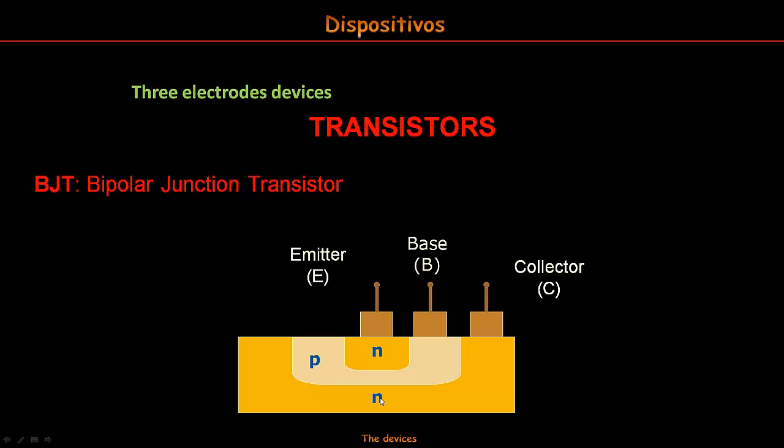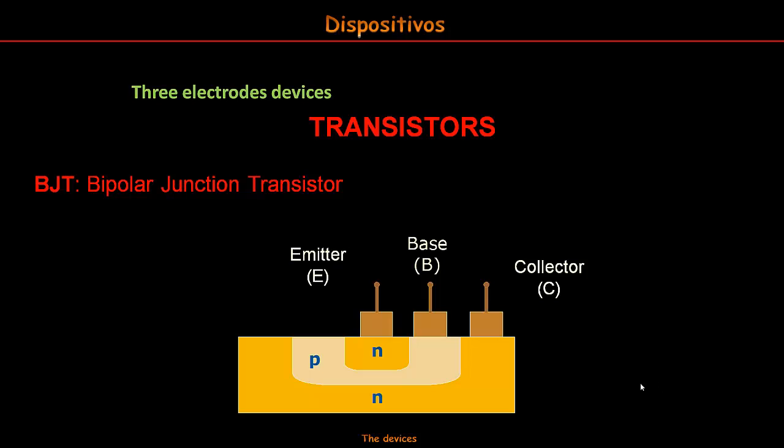Then, using masks, a controlled diffusion of acceptor atoms is made to get a P-type zone inserted in the N wafer. Another controlled diffusion with donor dopants allows the obtaining of an N-type zone within the P-type zone. Then two p-n junctions are formed, and three contacts can be made, one on each zone. Of course, exchanging P and N is also possible.